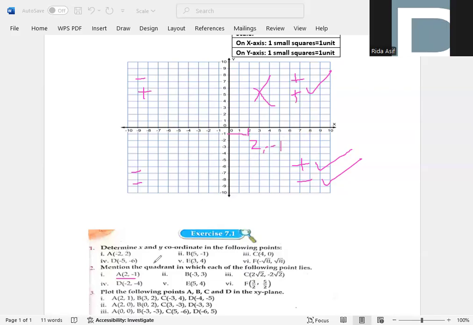But students, in this question number 2, we just have to mention the quadrant, that's it. So here we will only write quadrant 4. The answer is quadrant 4. Now, what about the second part?